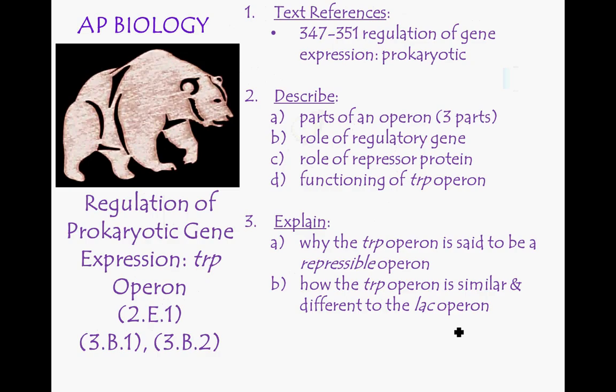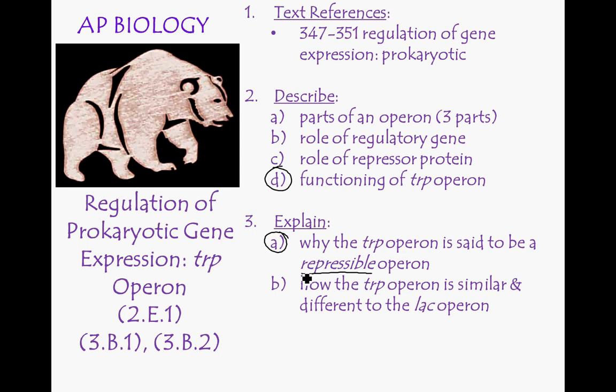So just a quick one. If you're confused, go back and look at the lac Operon one. Read in your textbook about this, but you should now be able to describe the functioning of the trp Operon, and why this trp Operon is said to be a repressible operon.